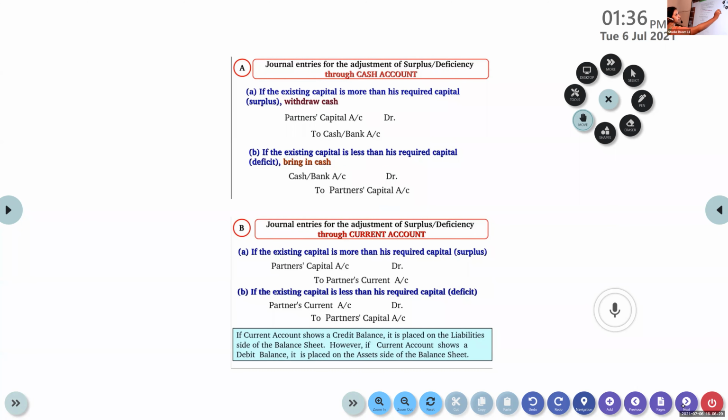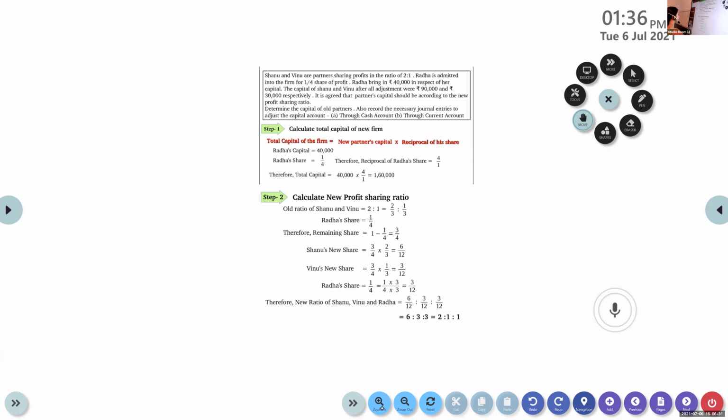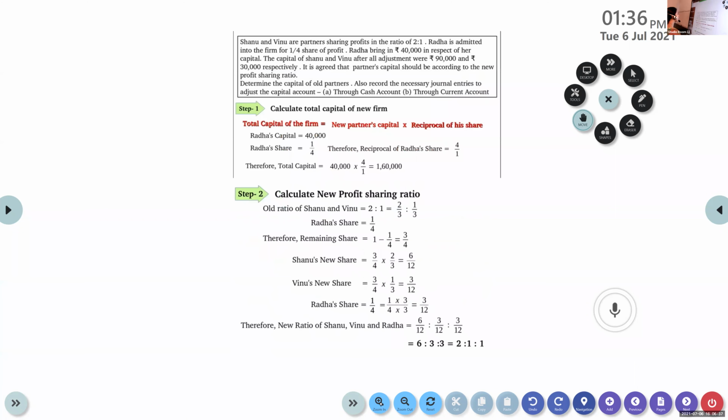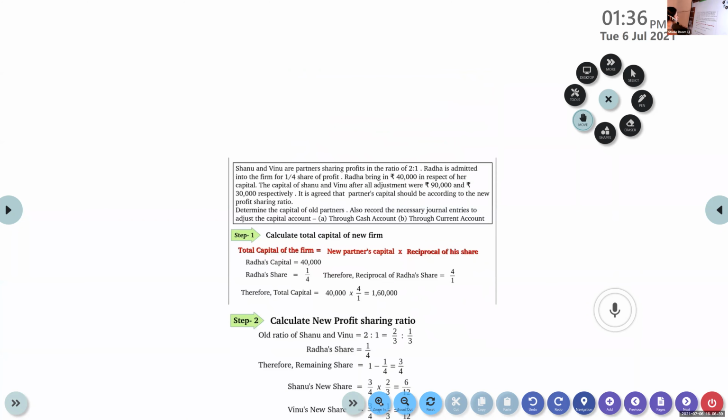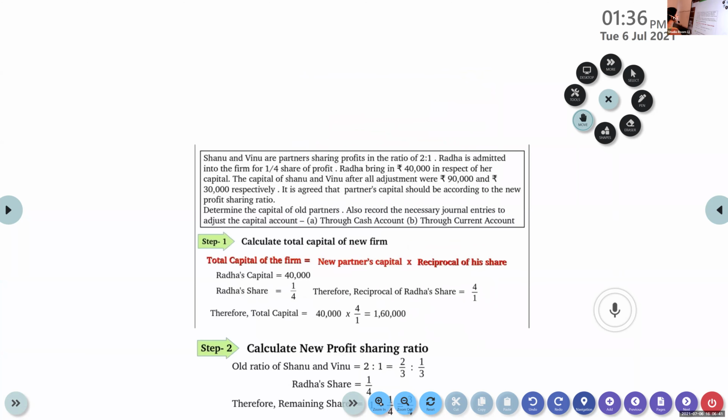Now let's see a problem based on this. Shanu and Vinu are partners sharing profits in the ratio 2:1. Radha is admitted into the firm for 1/4 share of profit. Radha brings in 40,000 in respect of her capital.